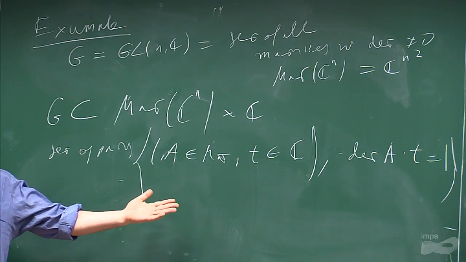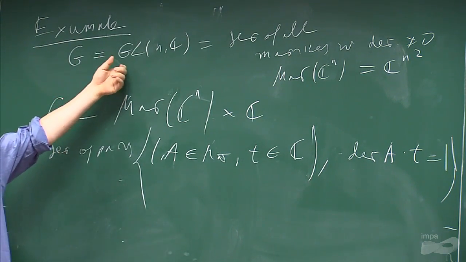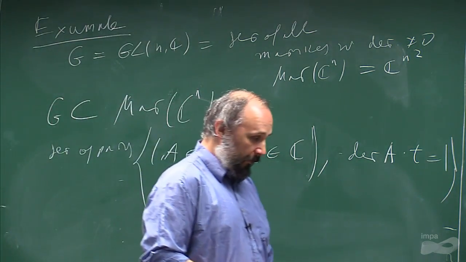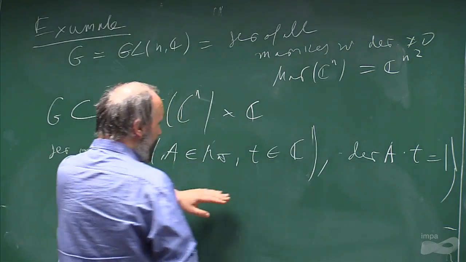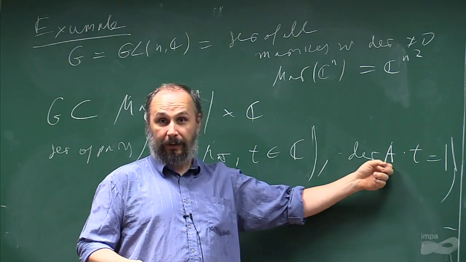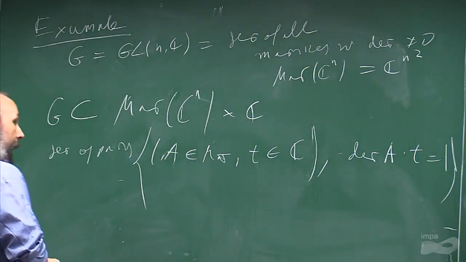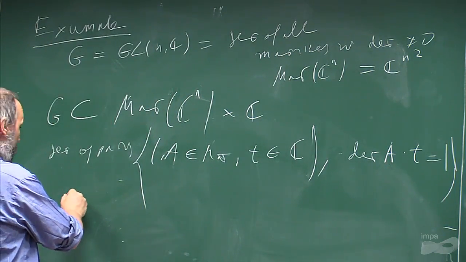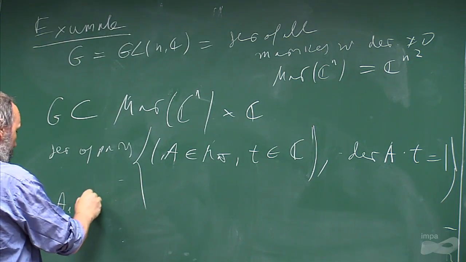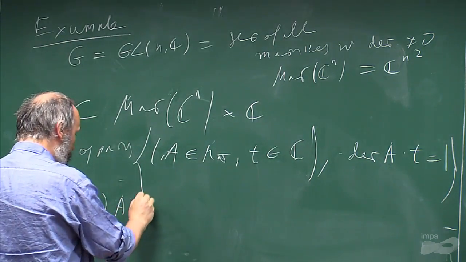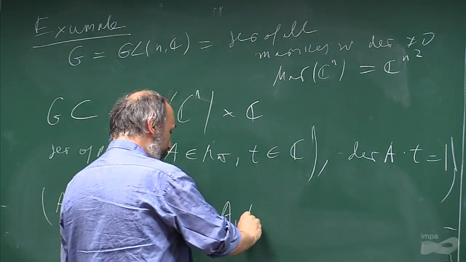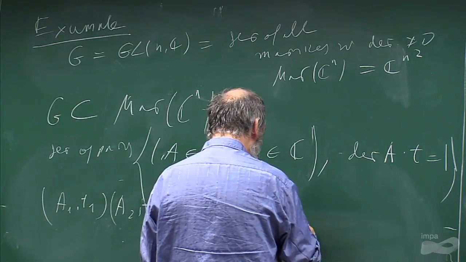Clearly, this is the same as the set of invertible matrices. Now we need to do multiplication, but it is clear. First, this equation is polynomial because determinant is polynomial in the entries of the matrix. And then, if you want to multiply two matrices, you take (A1, T1) multiplied by (A2, T2), and you obtain (A1 A2, T1 T2).